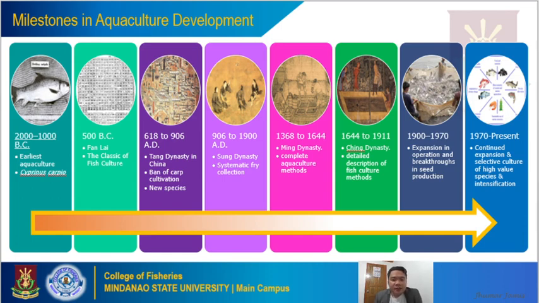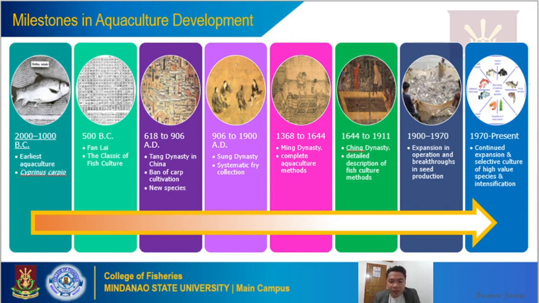And then in 618 to 906 AD, this was the time of the Tang Dynasty in China, wherein it so happened that the emperor was named after the carp, and it resulted in the ban of cultivation of carps, and it also resulted in the introduction of new species, because the emperor's name, Li, is basically just a common name for carp.